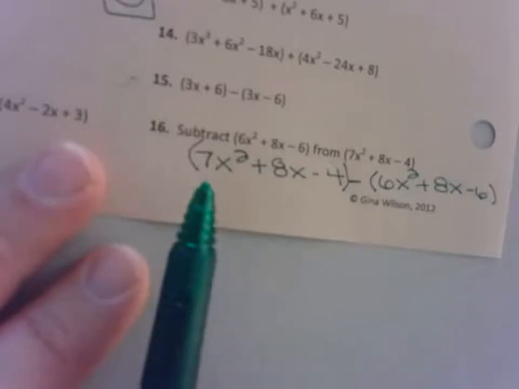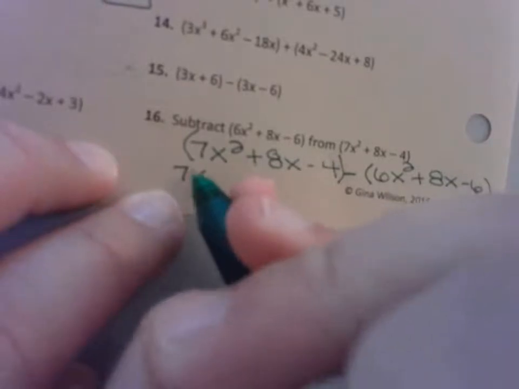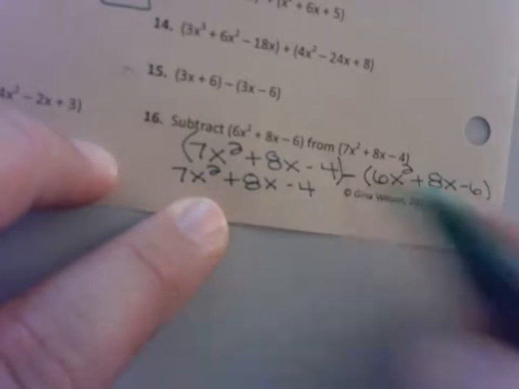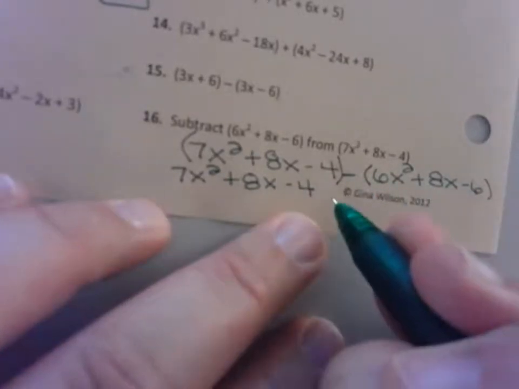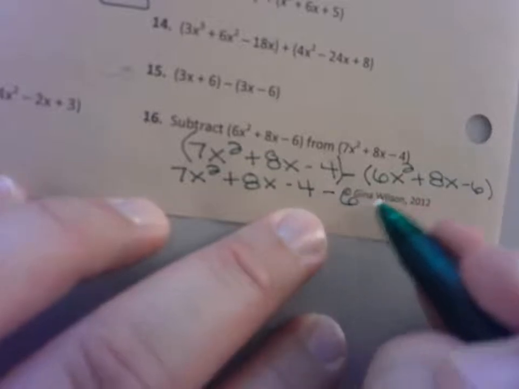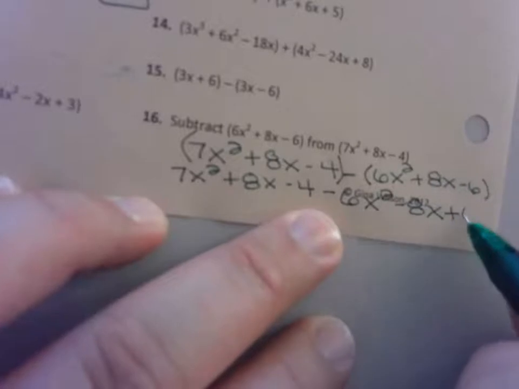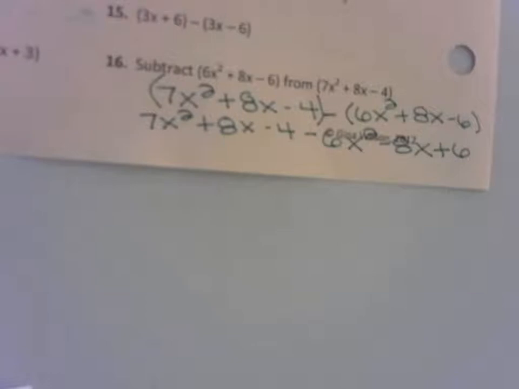Now let's distribute the negative first. The first one is 7x squared plus 8x minus 4. When I distribute that negative, that will become negative 6x squared minus 8x plus 6. Basically, when you distribute the negative, you're changing the sign.